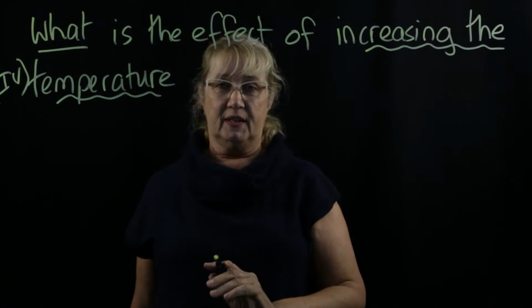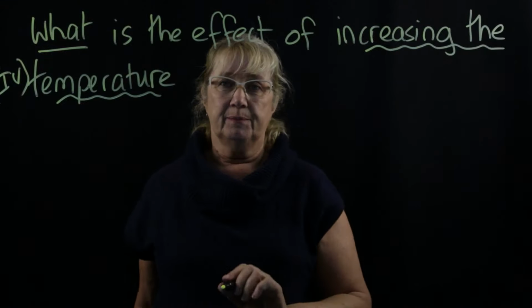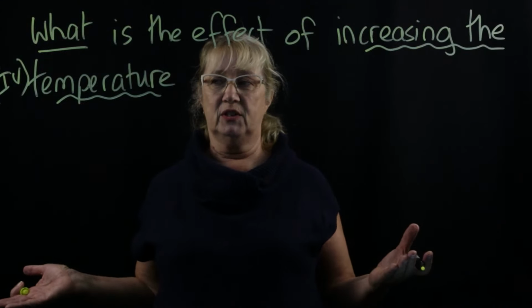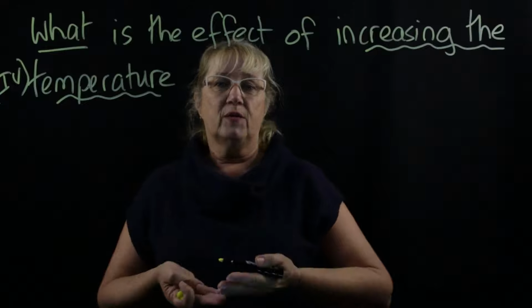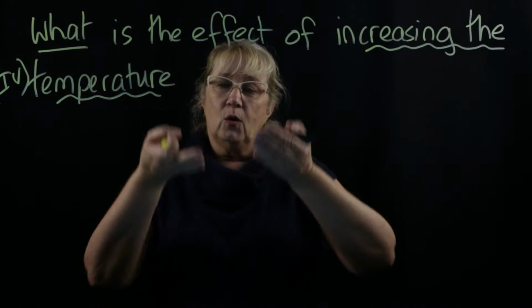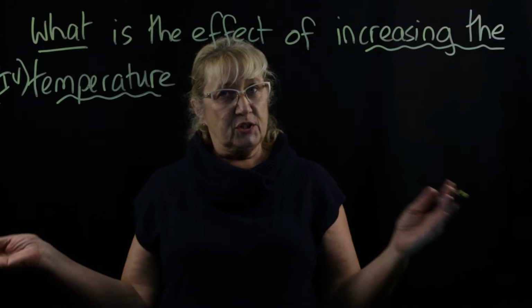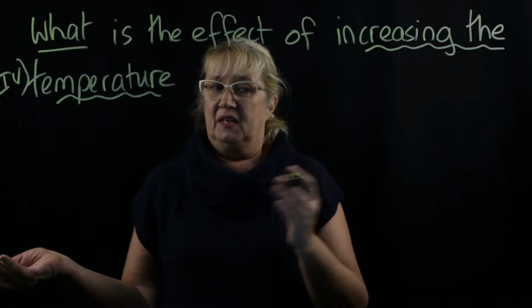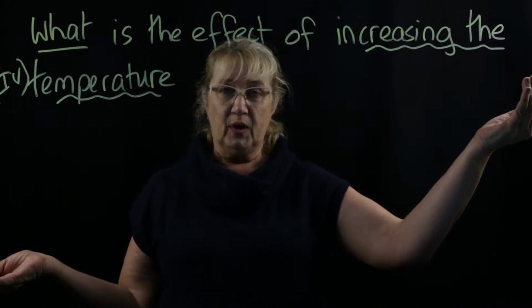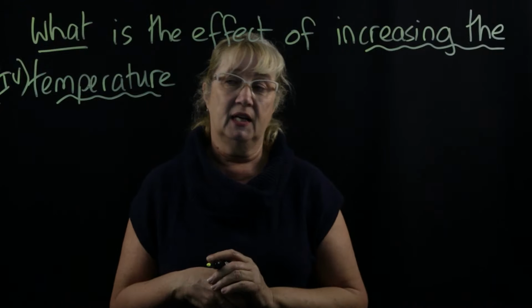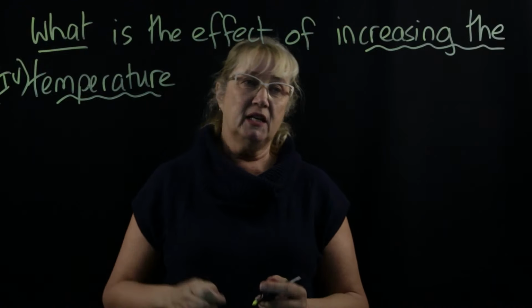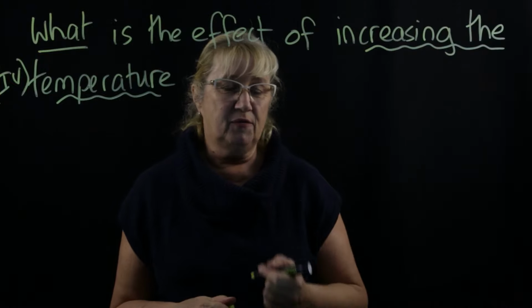And you will notice that I've said increasing. I haven't just said changing the temperature. I've given an idea of whether it's going up or going down. Now, temperature could be increasing from 0 to 200 degrees centigrade. So we need more information to make this question specific.